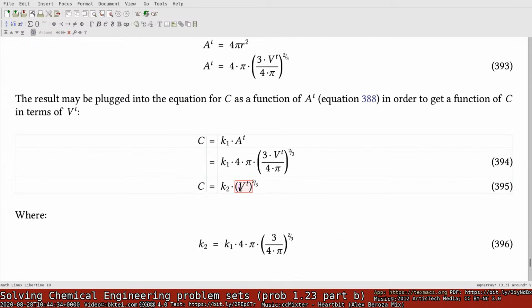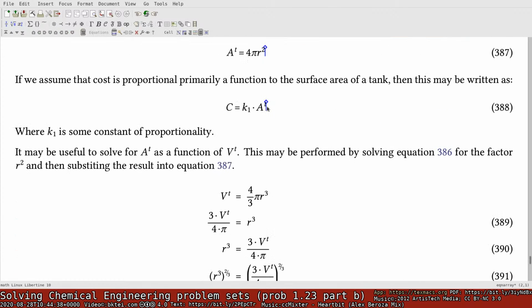this comes from the equation for area. I guess I could put a ratio in here, area to some reference area. Yeah, let's try that.